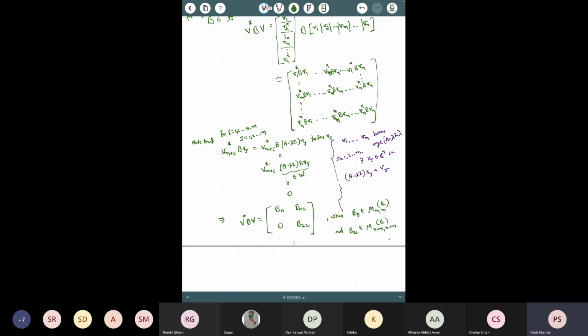Now we will use the same idea. If you recall again from the previous class, this is true for any matrix B in this family.